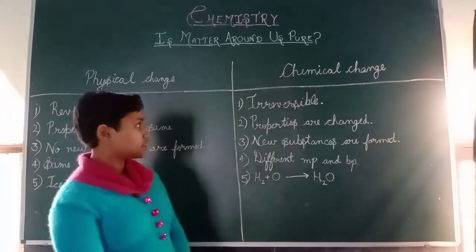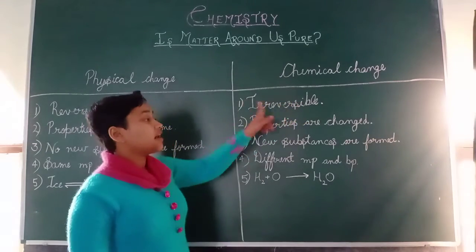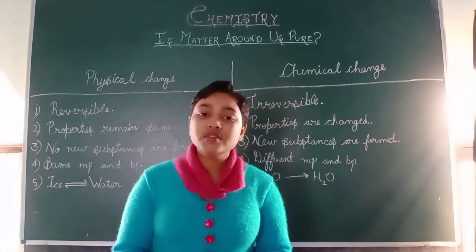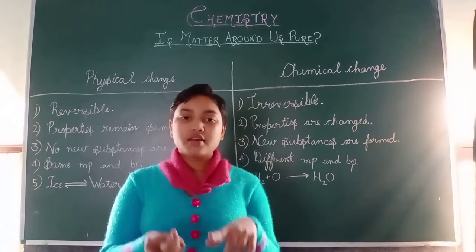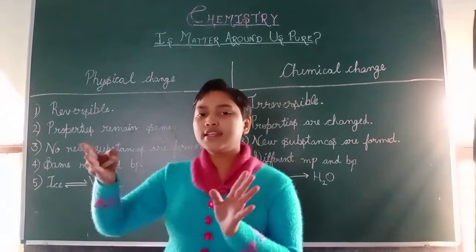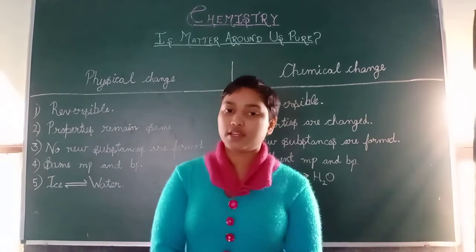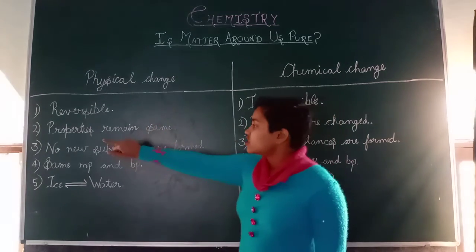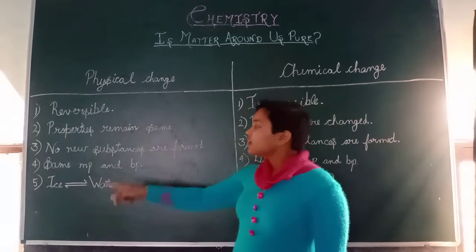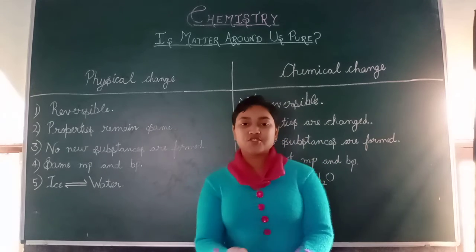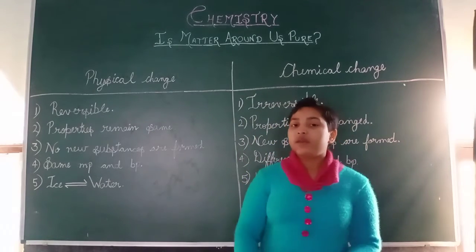While chemical changes are irreversible, meaning if one substance is formed, then it cannot be separated out, or it cannot become the original substances from which it was made. In physical changes, properties remain the same. After converting into the second substance, the properties also remain the same.